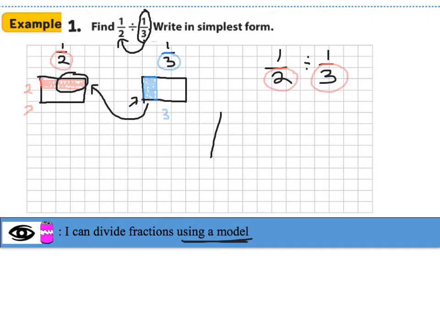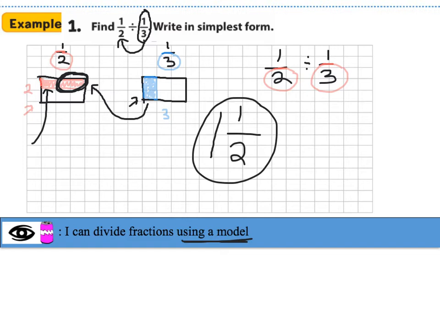If you think about it, I have 1 left over. That becomes my numerator. Now the denominator is how many boxes made one group. 2 boxes made a whole group. So 2 becomes my denominator. Then if we write in simplest form, my final answer is 1 1/2 because you cannot reduce it anymore.